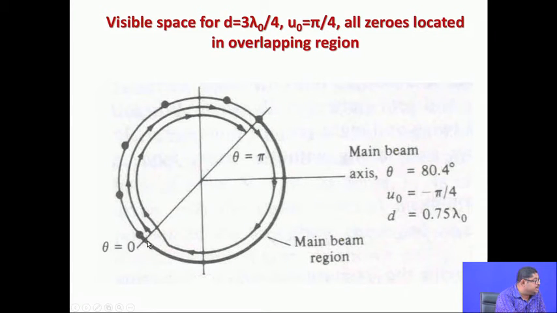Because where theta is equal to 0, that is important, and then how much you are covering. So, here you see that no zeros are kept here. All the zeros, you see, the designer has placed at these points.